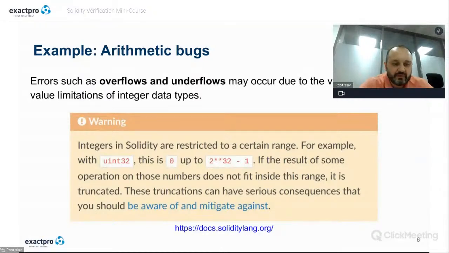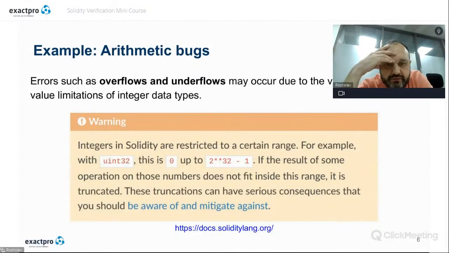Usually, you just use addition and multiplication and that's it. But what you need to keep in mind is that there are different limitations on integer data types, and the violation of these limitations may lead to some problems.